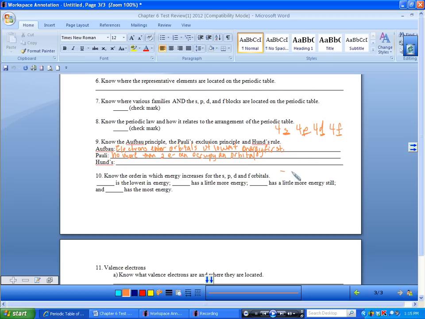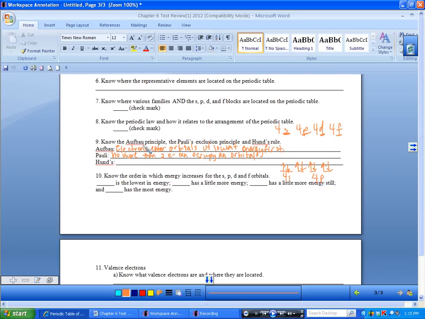So think about when we draw, let's say 4s. We put an up and a down spin, and that's our 2 electrons. When we do the p's, we put an up in each of them first, and then we go back and put the downs, but notice we never put more than 2 in the orbitals.